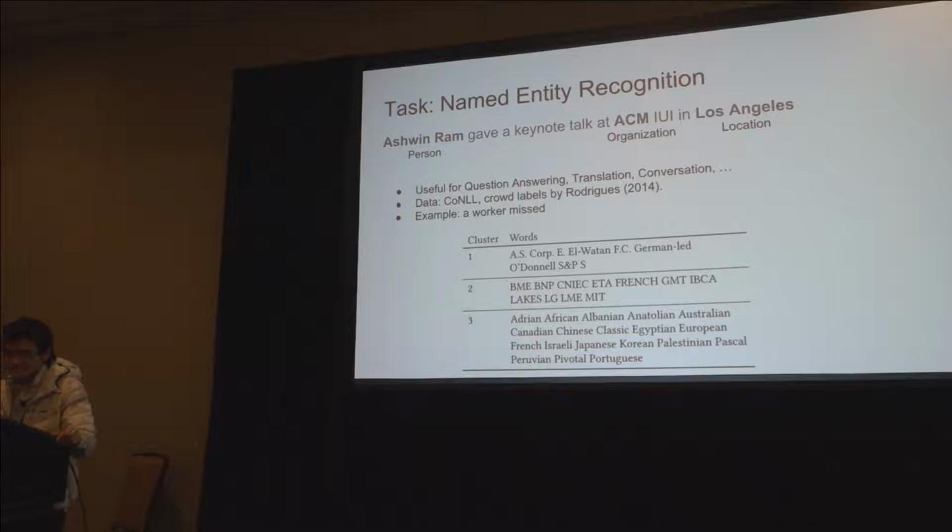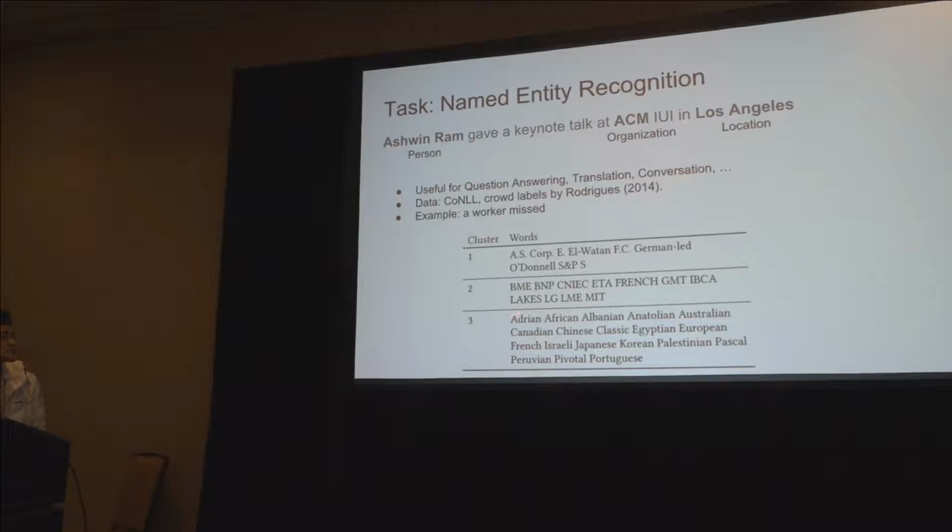If we look at the first cluster, you can see that this is mostly acronyms with some punctuation in the text. So probably they are being confused by punctuation. The second one, these are all capitalized acronyms.